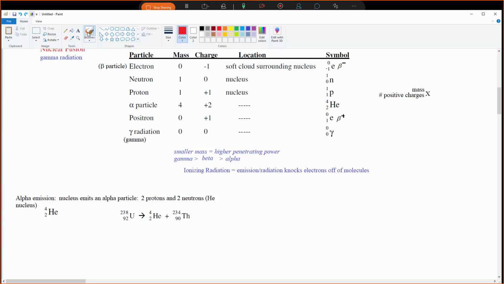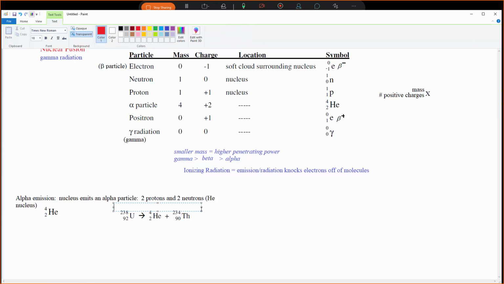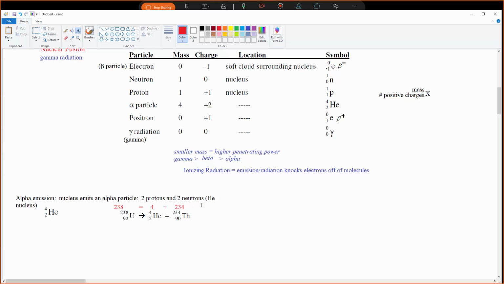What I want you to note from this equation is that your masses are conserved. The total mass stays the same. You have 238 on the left-hand side, and 4 plus 234, which is 238, on the right-hand side.